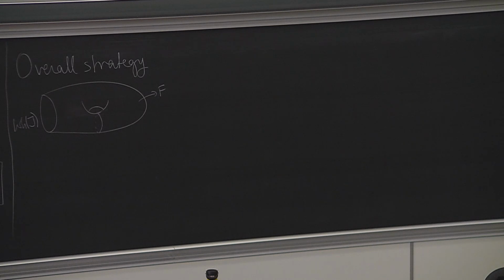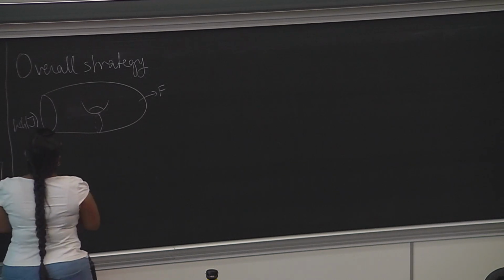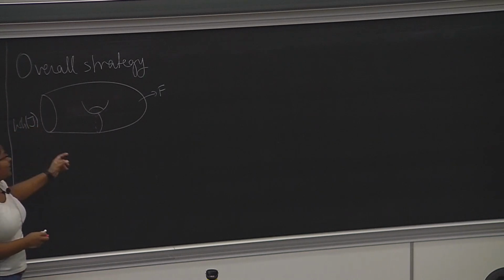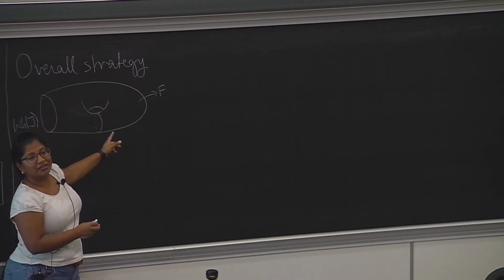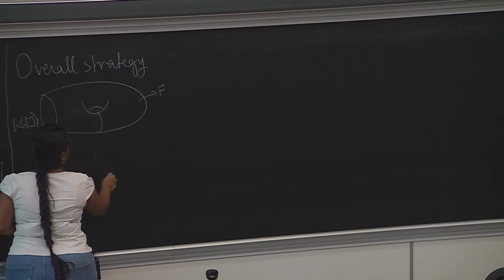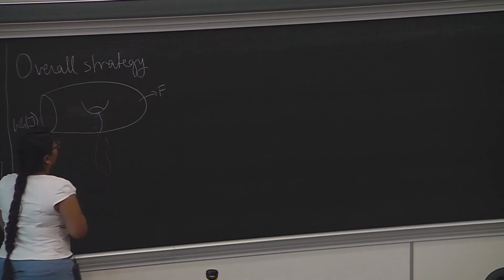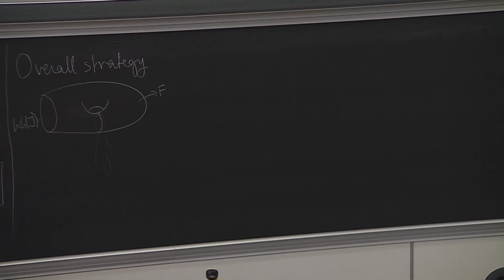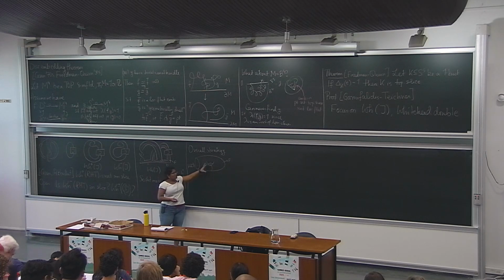And I want to find a disk for this Whitehead of J, but instead I'll find a disk for this red curve in the complement of F. So I'll find some disk bounded by this J away from F. It will be like this, that's why I drew it like this, but in your mind, in the best possible situation, it would be that disk.